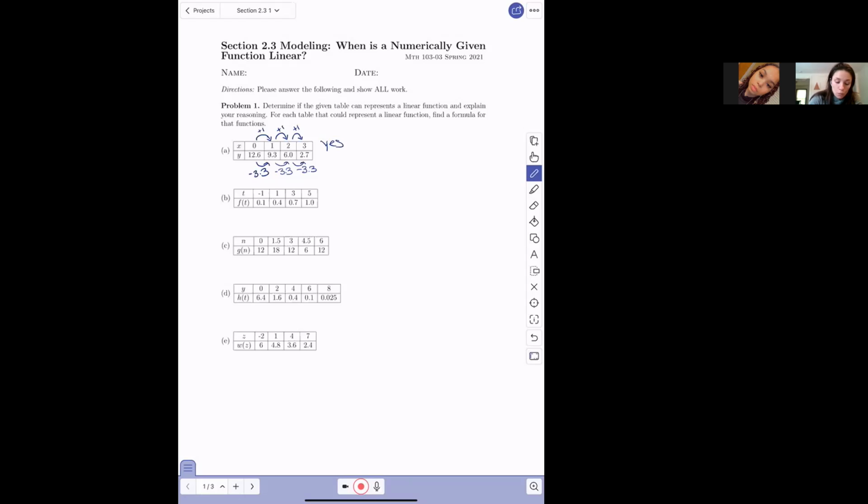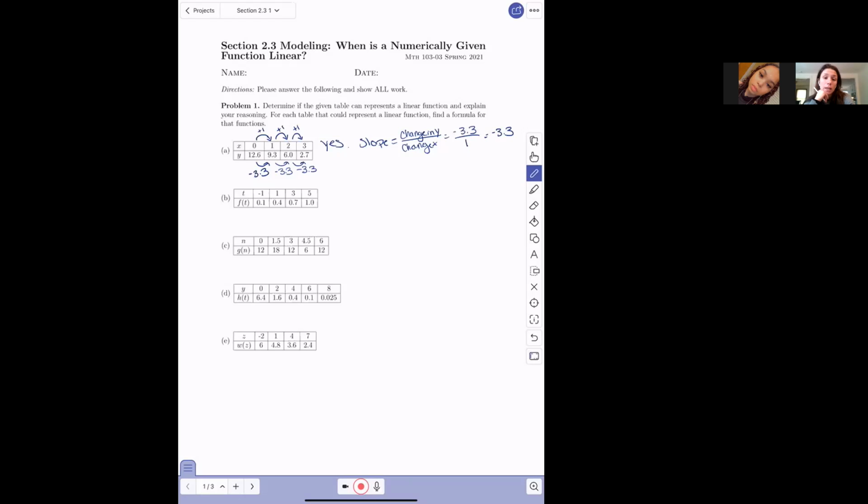So that means that our slope, remember, is the change in y over change in x. Our change in y is negative 3.3, and our change in x is 1. So negative 3.3 is our slope. We do know the y-intercept, so you could do it either way.